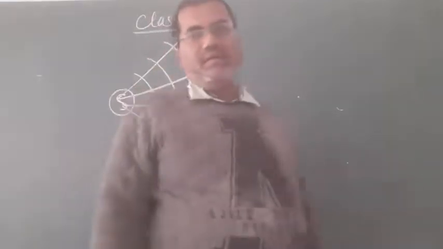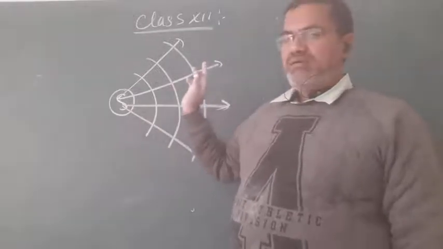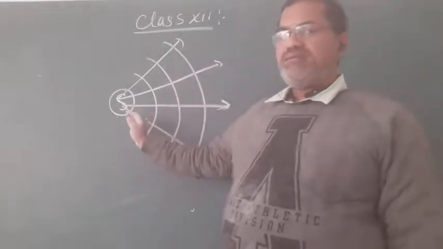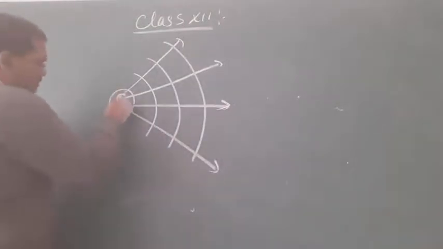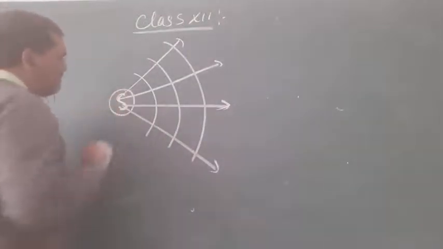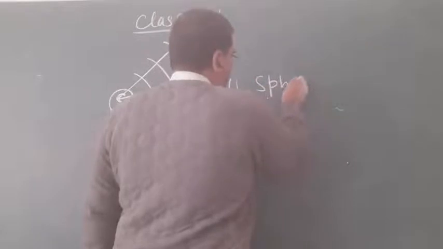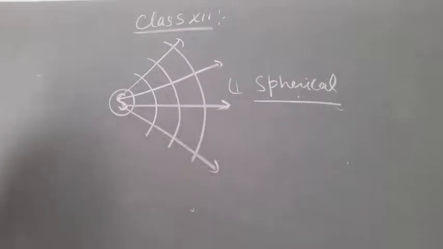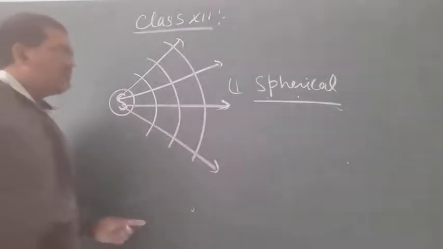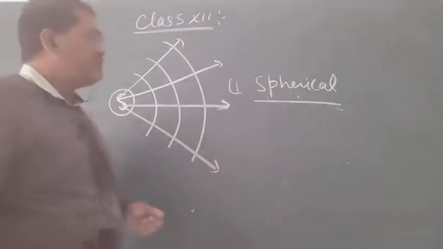Because as per the condition of a wavefront, the ray must be perpendicular to the surface of the wavefront, and the timing of all the rays originating from the source and reaching the wavefront must be the same. So for diverging wavelets, a wavefront must be spherical. So the first answer will be spherical. This is the question of NCERT 10.2. You can see that.